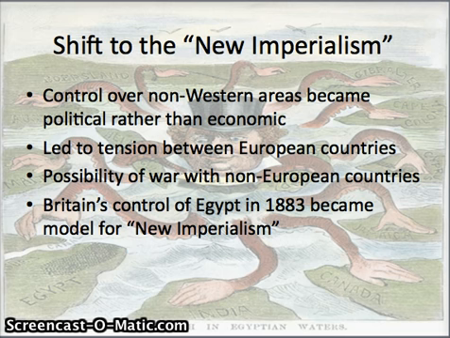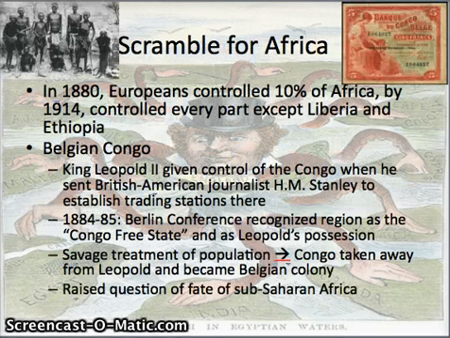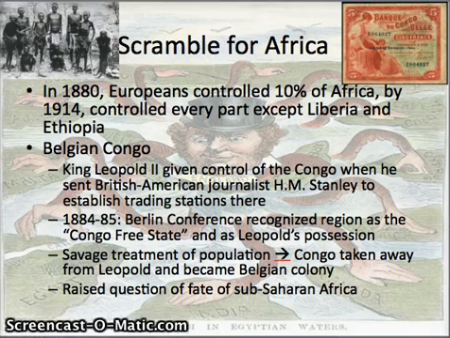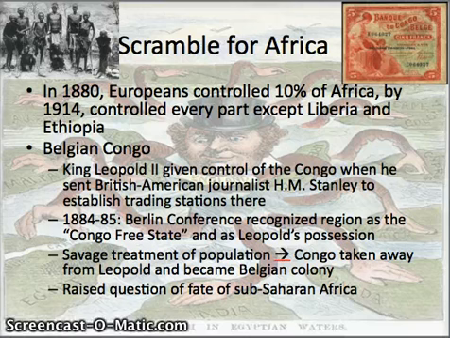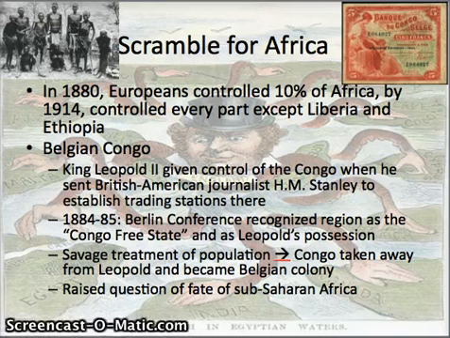But when we talk about imperialism, the period that's known as the Scramble for Africa is probably much more well known. Basically, we're going to look at a map a bunch of times today, which is going to show us how Africa is effectively carved up by a series of different European countries, all wanting to have influence both economically and politically over these areas.